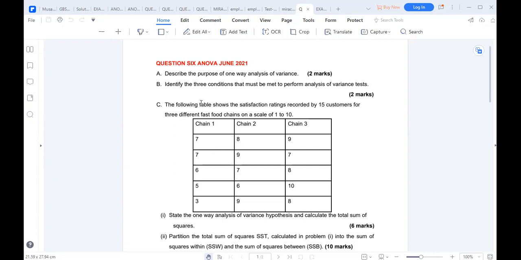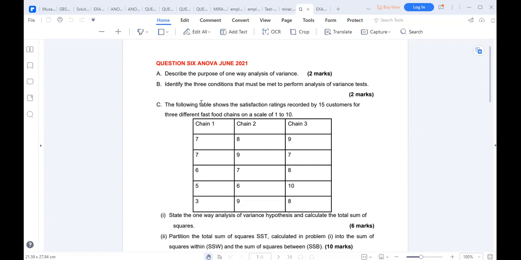What is the purpose of a one-way ANOVA? And also the three conditions that must be met for a one-way ANOVA. So these are the small marks that people lose out on because they don't want to go through them.